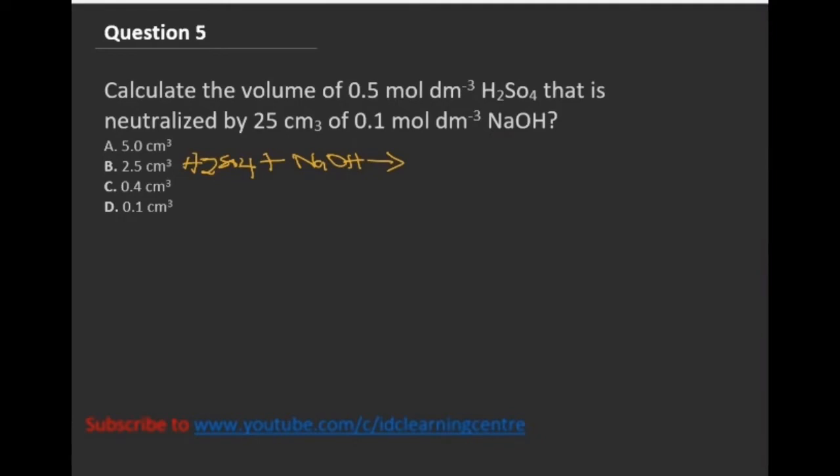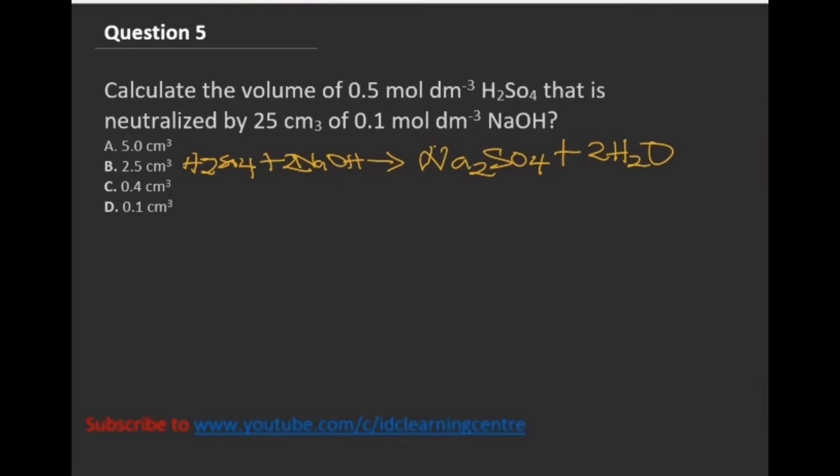So it will form Na2SO4 plus 2H2O. So to balance the equation further, we say 2. Yeah, so we have a balanced equation now.